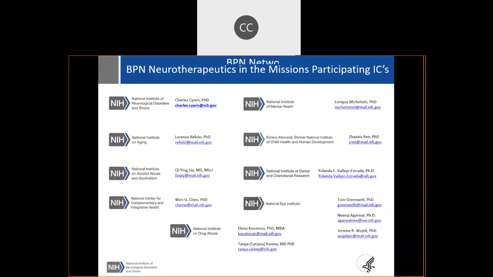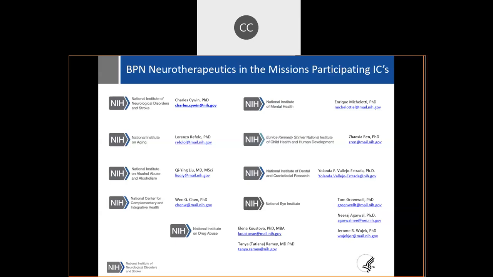There are limits on the projects we can take. They have to fall into the mission of one of these ICs that are signed up for this funding opportunity announcement. And they include NINDS, Aging Institute, Alcohol Abuse and Alcoholism, the Center for Complementary Integrative Health, Mental Health, Child Health and Human Development, the Dental Institute, the Eye Institute, and also the Drug Abuse Institute.